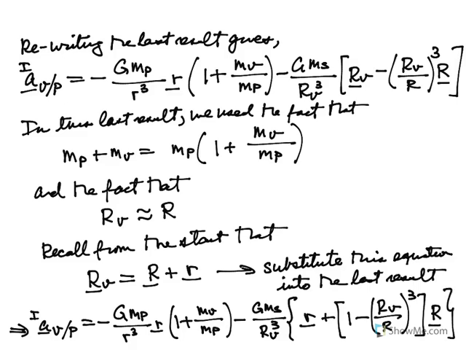And this last result just comes simply from the fact that we've done all these substitutions, and we've used this last result that r_v equals capital R plus little r.